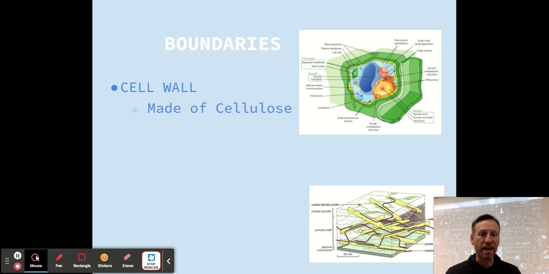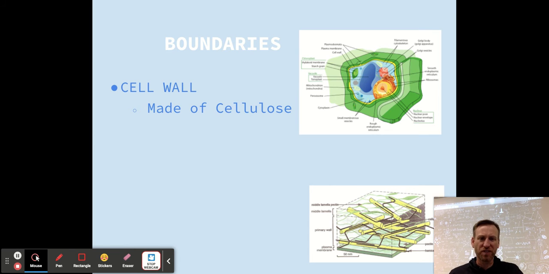Let's talk about what it's made out of. So it's made out of this pretty rigid material that's called cellulose. Okay, cellulose. Celery. Okay, when you bite into some celery, if you ever see some of those green strands of the celery that are kind of sticking out, or maybe sometimes they even get caught in between your teeth or something, that's cellulose.